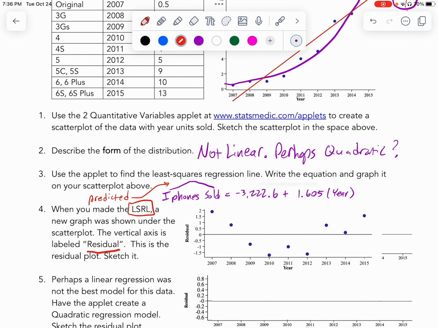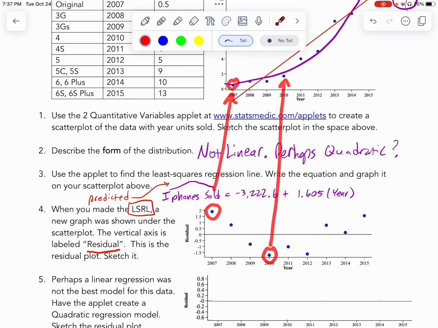I'll take the easy way out and just put white over that. There we go. So there's the residual plot. Every dot, like this dot is this dot right here. It has a positive residual. This dot would be the fourth dot, that would be that dot right there because it is below the line. It has a negative residual, okay?